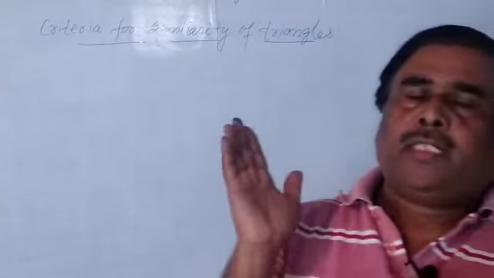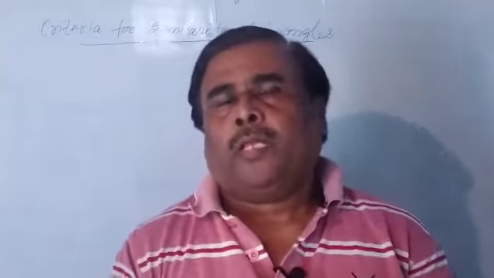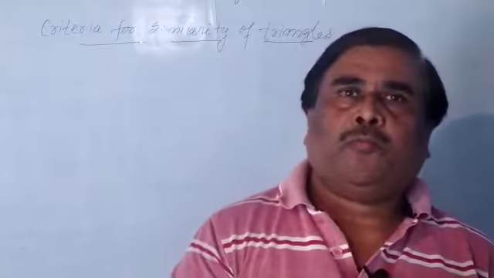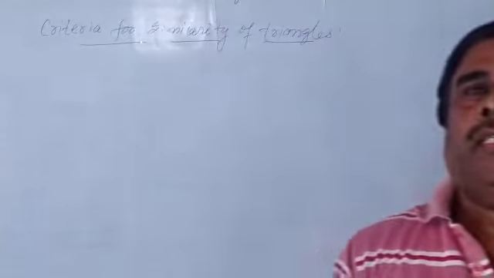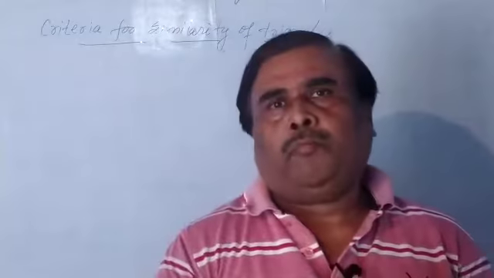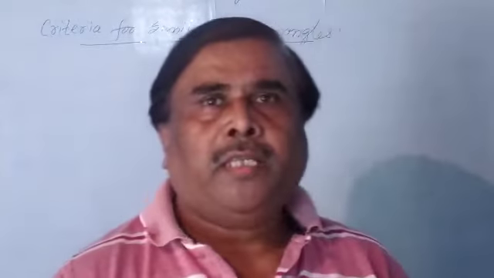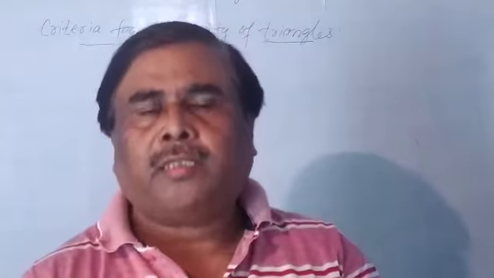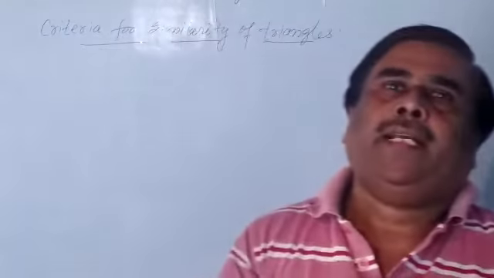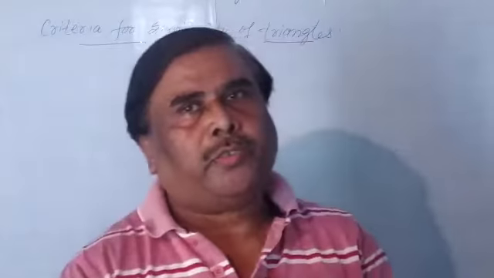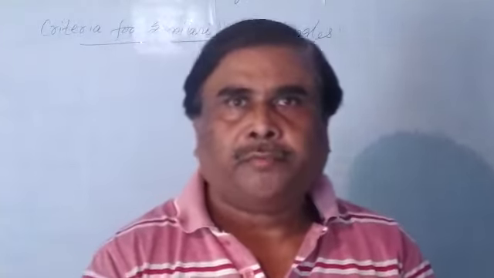Before we discuss this, let us recap the definition of similarity of two triangles. Two triangles are similar if all their corresponding angles are equal and all their corresponding sides are proportional, right?